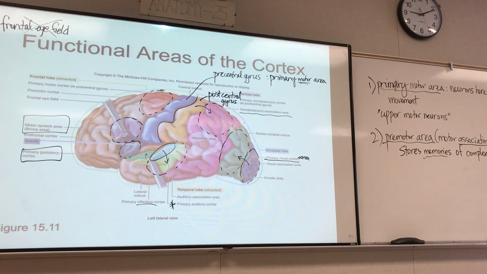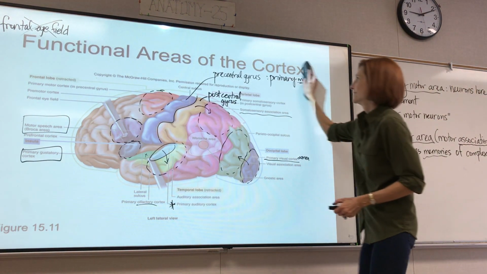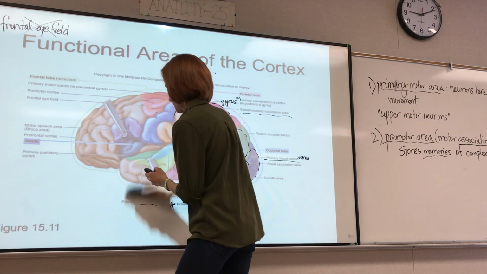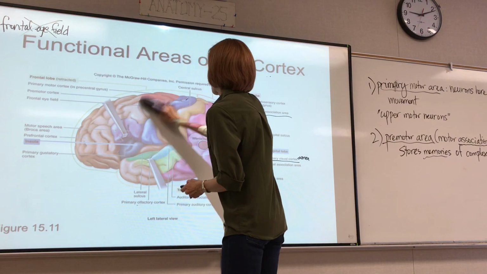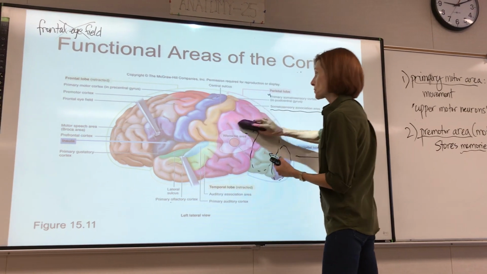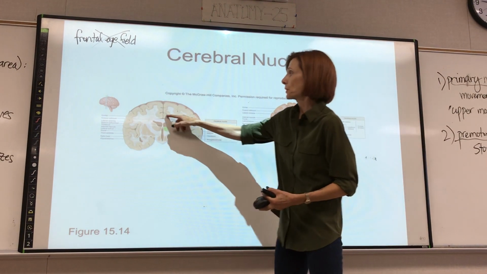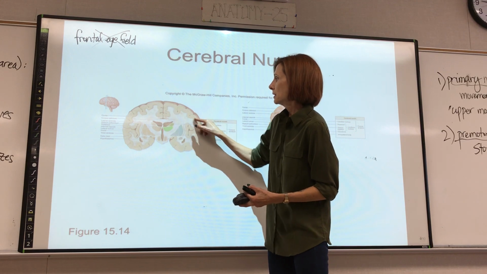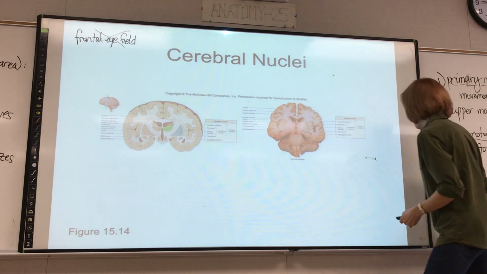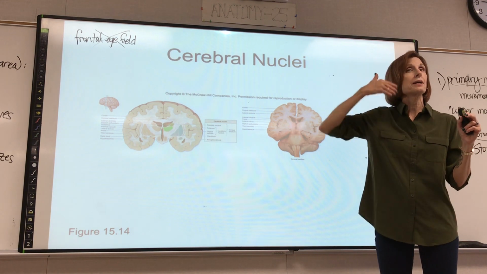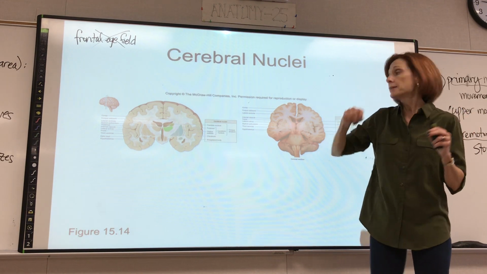Okay, so, whew, that was a lot of stuff for a skinny little area on the outer surface of the cerebrum. But again, this is where most of our neuron cell bodies are located, in the cortex. Most of our neuron cell bodies are here in the gray matter. So notice, this is what I was talking about before when I said that you can look at a frontal cut and see the insula.